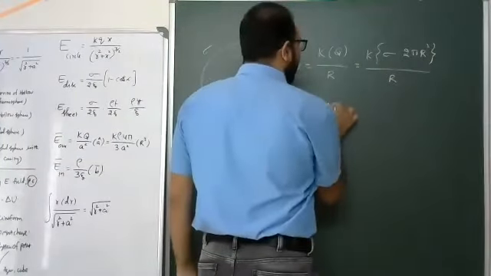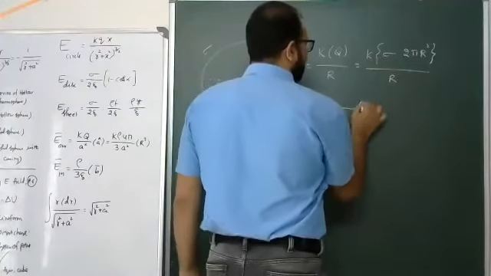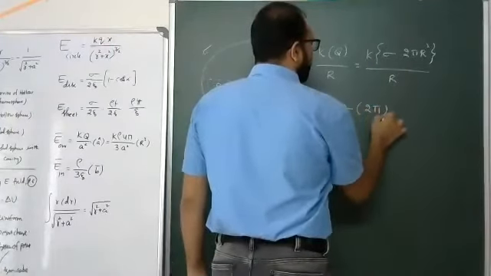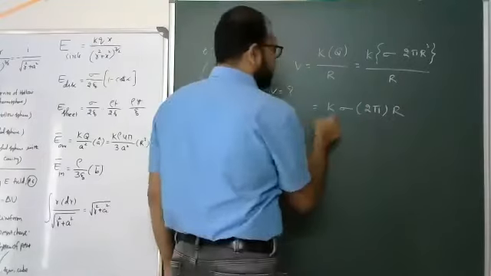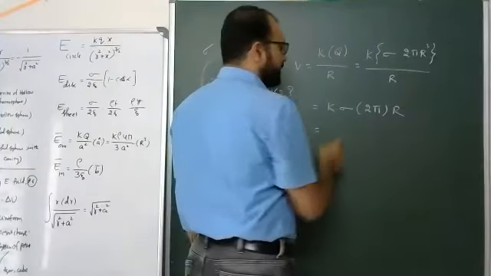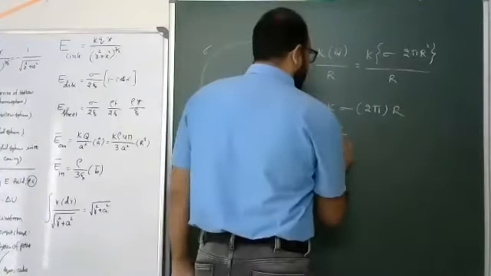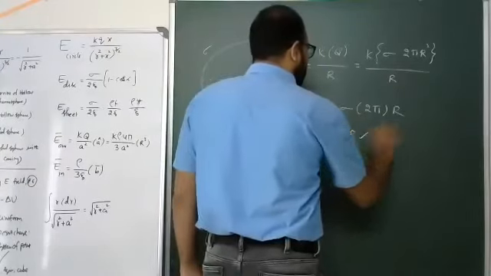So k sigma into 2 pi r. We know k is 1 by 4 pi epsilon naught, so sigma by 2 epsilon naught into r.